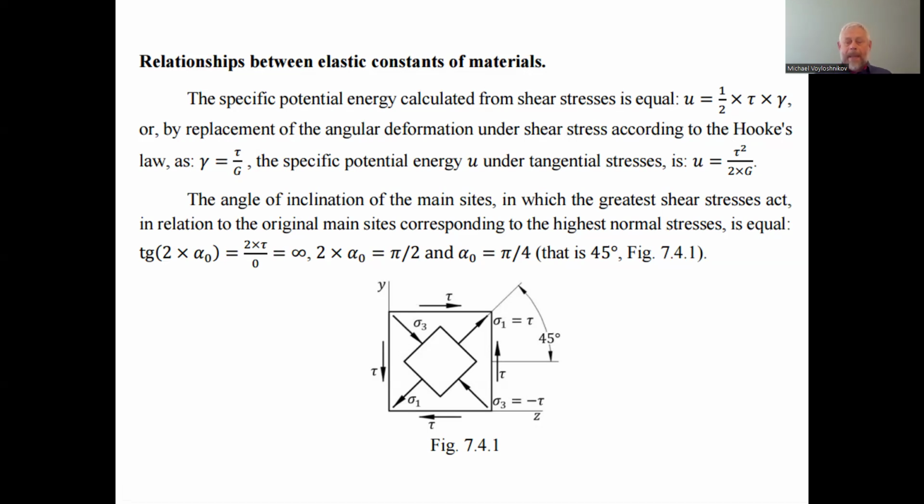The 1/2 part is multiplied by the tangent stress and by the angular deformation. Replacing the angular deformation according to Hooke's law for shear, gamma equals tau divided by G, where G is the modulus of elasticity for the shearing of the material, we can substitute gamma here and find that the specific potential energy of deformation is equal to tau squared divided by 2G.